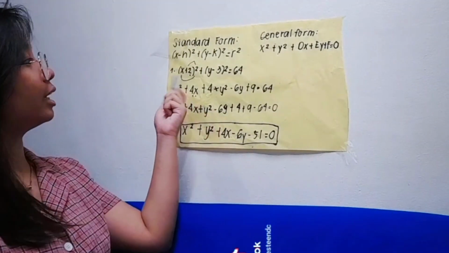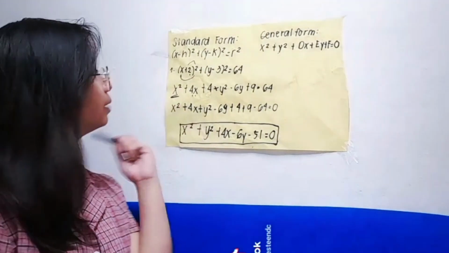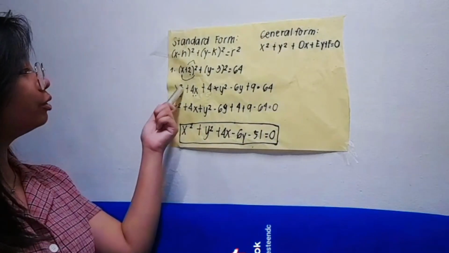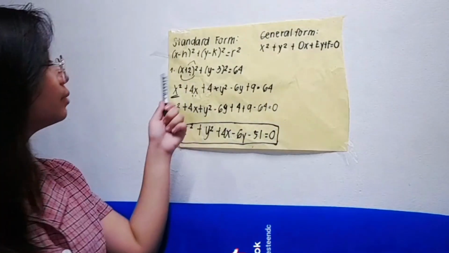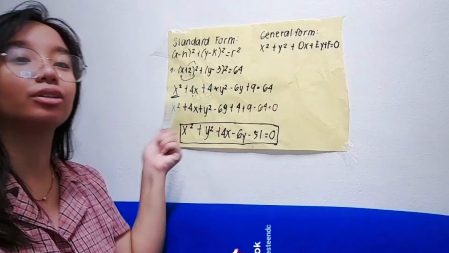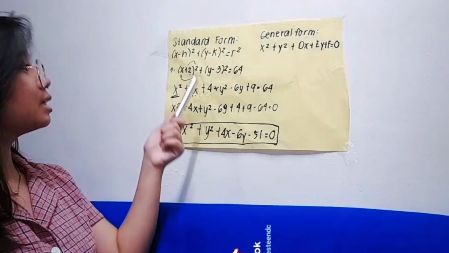Now we are given the equation (x plus 2) squared plus (y minus 3) squared is equal to 64. How do we get this answer? x plus 2 squared is x squared plus 4x plus 4.